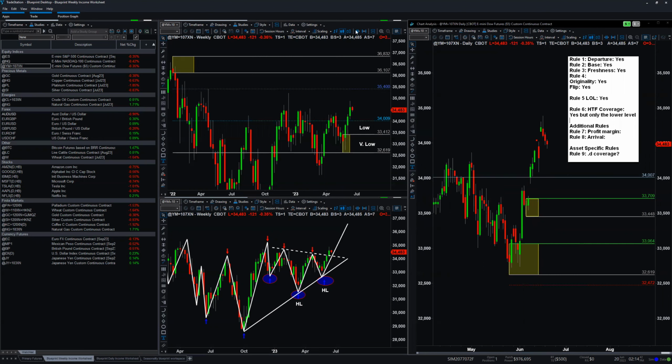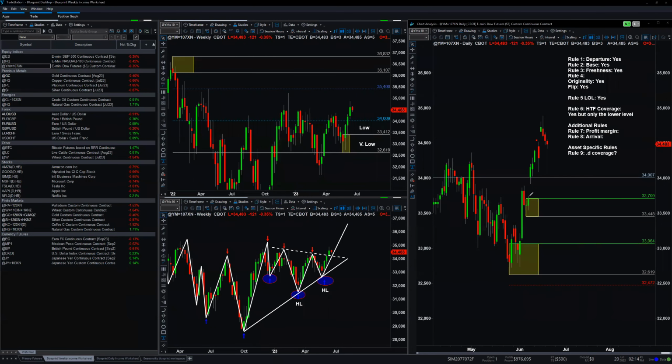So what we're checking is, how far has price traveled away from the zone, measured from proximal to distal. So 1, 2, 3. So it's more than a 3 to 1. It's bigger than a 1 to 3, so it meets the profit margin rule.